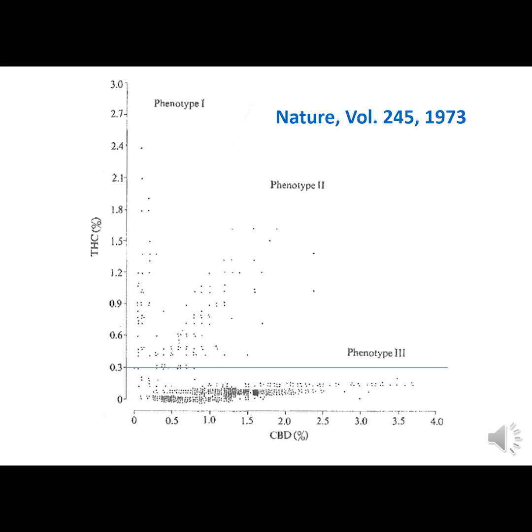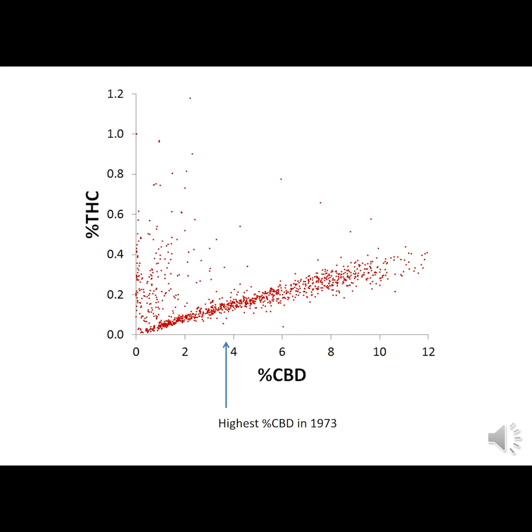But take note of the concentration of CBD in this data plot. The highest concentration plotted on the x-axis, the CBD concentration, is 4%. If we look at data today, we see that the CBD concentration in the varieties that are grown today are much greater than 4%.